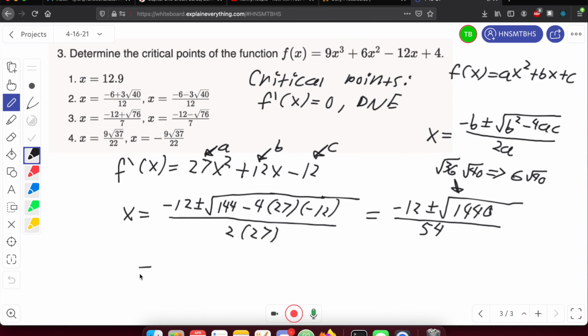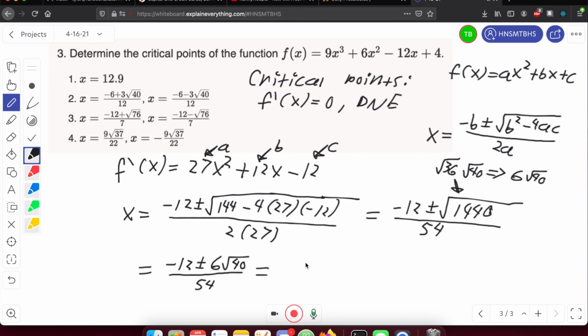And so this whole expression can just be rewritten as negative 12 plus or minus 6 square root 40 all over 54. And now we can look for values that we can simplify out from all of these expressions. So we see that we can divide out a 2 from all of these terms.